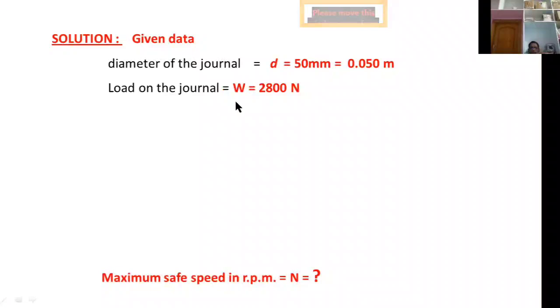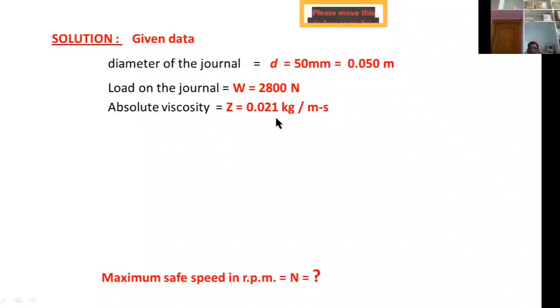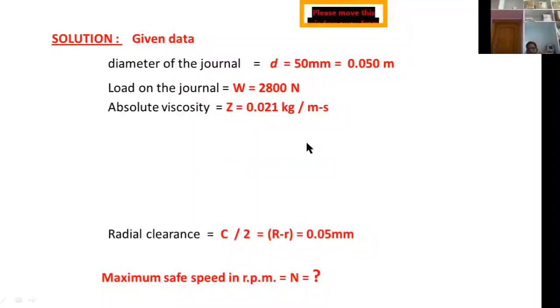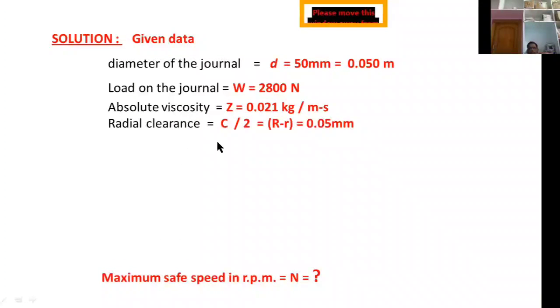Now load on the journal also is given, that is W equal to 2800 newtons, and the absolute viscosity also given, that is Z equal to 0.021 kg per meter second. Okay, and the radial clearance also is given, radial clearance means C1 equal to capital C by 2.